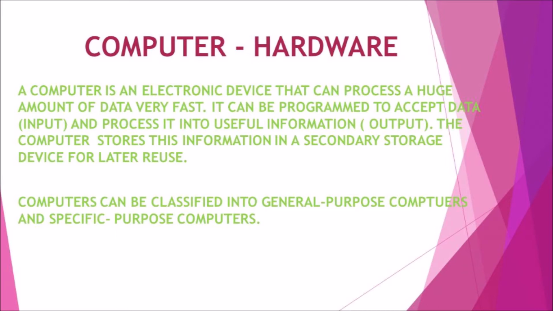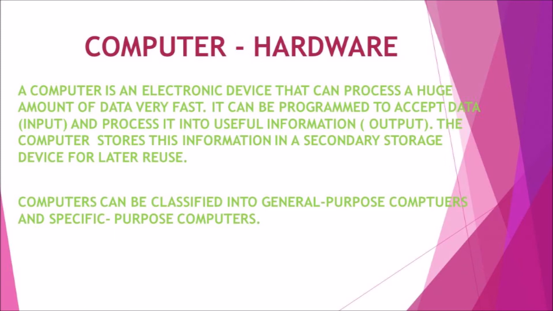The computer is programmed, it means it is developed to accept the data. The data is the input. So whatever input we give to the computer is called the data, and it processes the input into useful information.